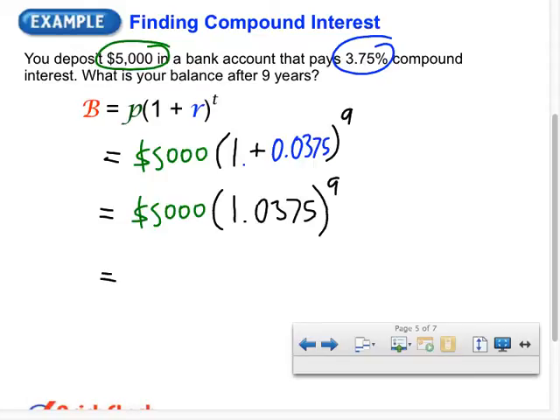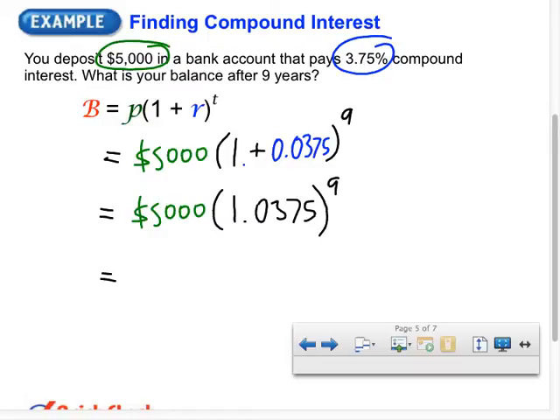Do you guys see why I'm probably going to let you use a calculator for a problem like that? Yes. Okay. You'd have to keep multiplying, and that's a lot of decimals you're multiplying out. And now you probably understand why I showed you how to calculate any base to any exponent. Remember the x to the y? Do you guys remember that?